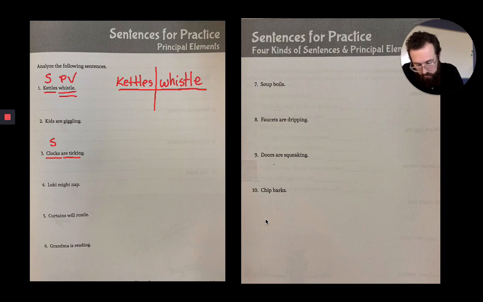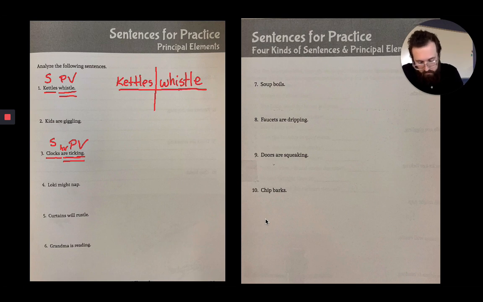So I'm going to put 2 underlines underneath ticking. Ticking is my predicate. It's telling me what they're doing. And it's a verb. Predicate verbs don't need linking verbs. And then are is one of our helping verbs. So I'm going to put a lowercase hv above that. There are no other words in my sentence, so I'm done analyzing.